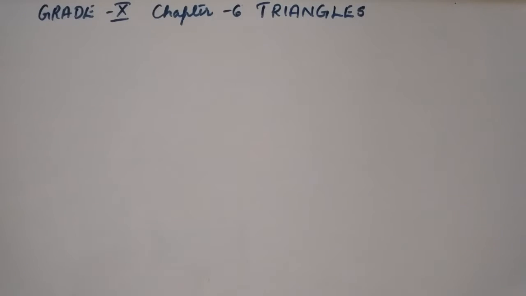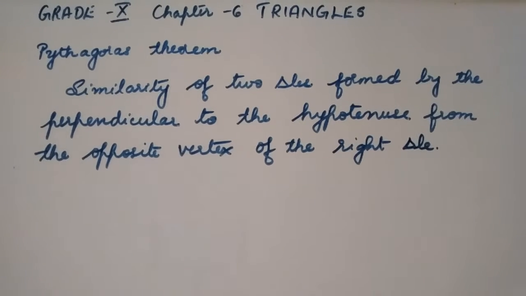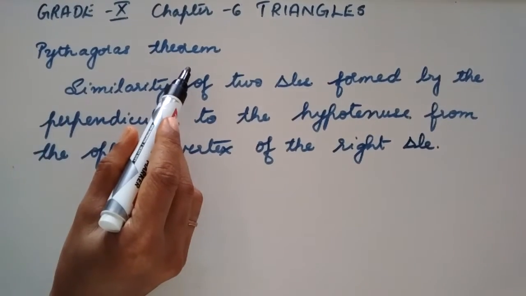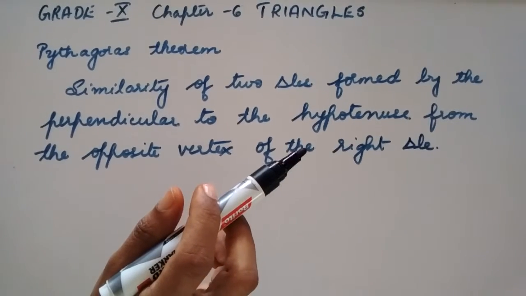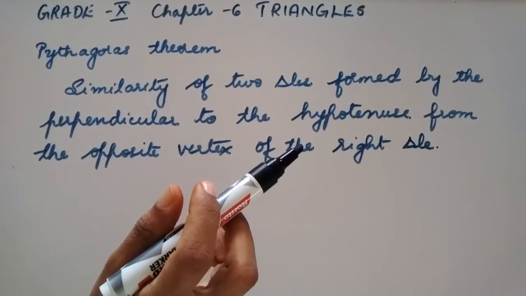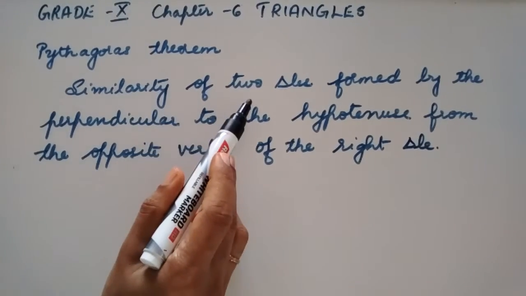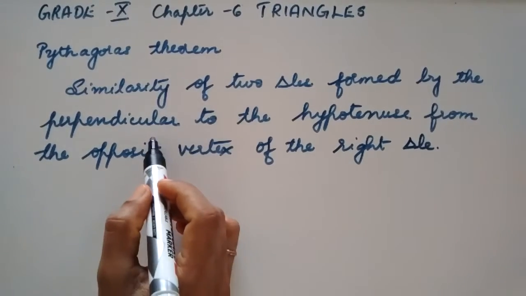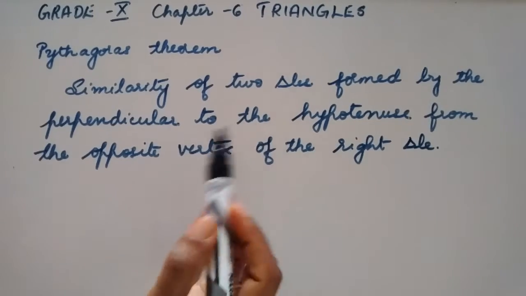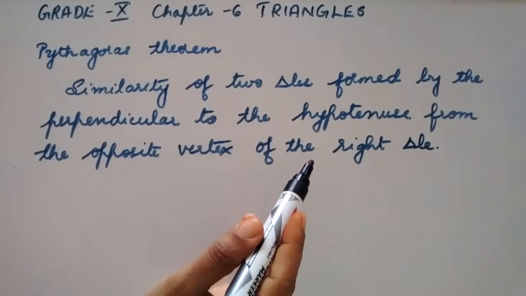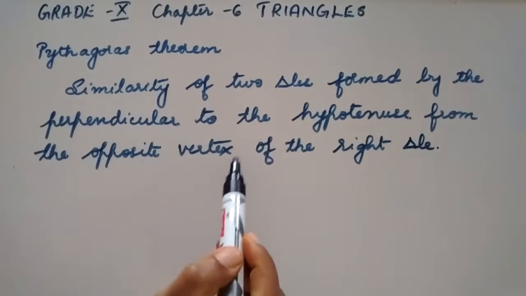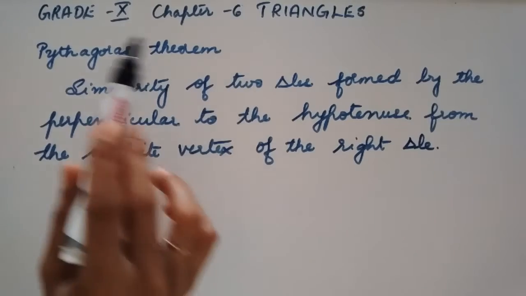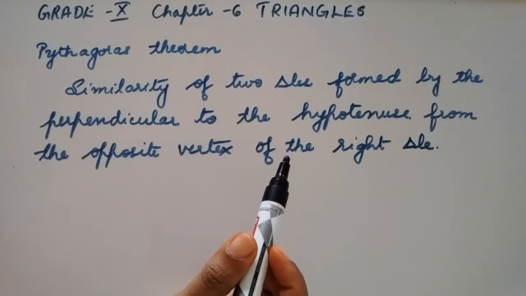I repeat, we shall prove the Pythagoras theorem by using the similarity of two triangles, that is, similarity of two triangles formed by the perpendicular to the hypotenuse from the opposite vertex of the right triangle. So we shall use this concept to prove the Pythagoras theorem.